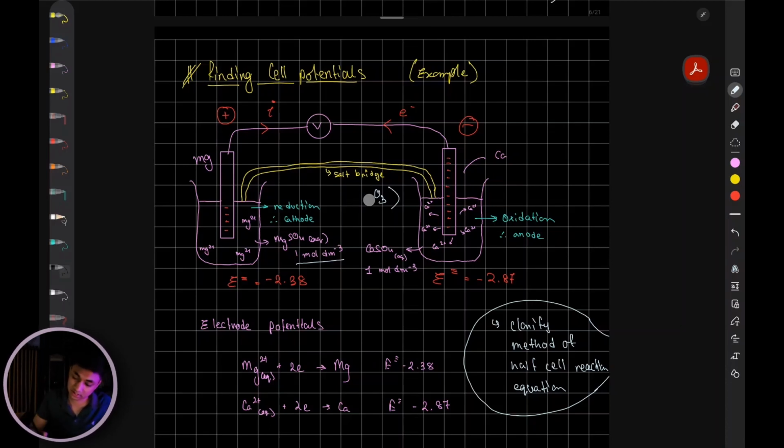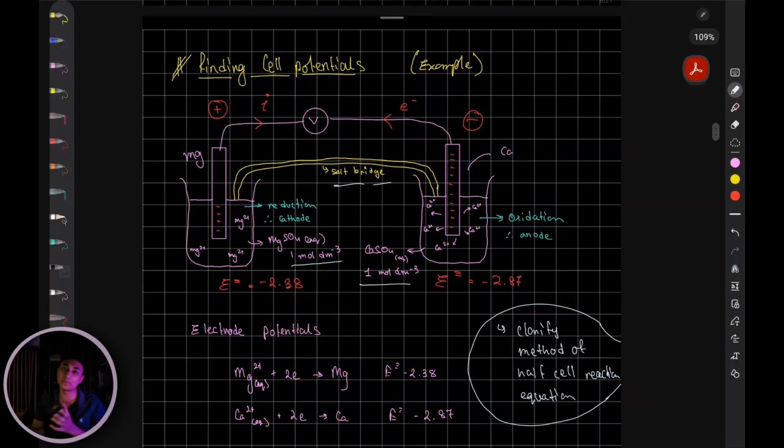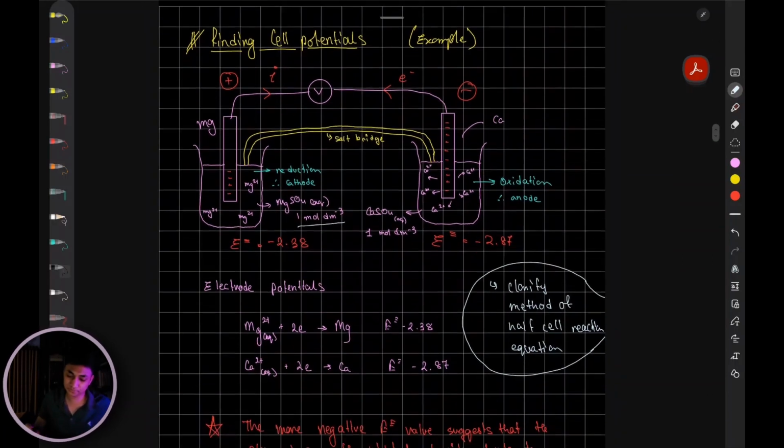I'll explain the purpose of the salt bridge again later, but the summary is that it replaces the concentration of any used up ion. Therefore, if here the calcium 2 plus ion concentration decreased, the ions from the salt bridge would go to the solution and replace that concentration such that it remains 1 mole per dm cube, right? So that is the whole purpose of having a salt bridge.